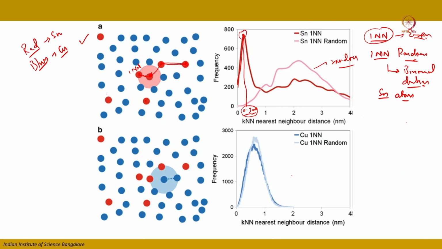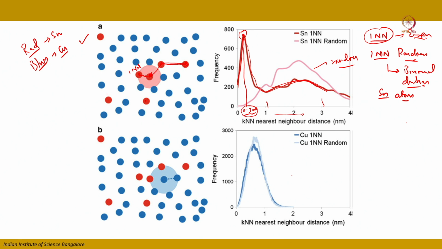As the nearest neighbor distance increases, the distribution also becomes less, and you will have a hump here. It means that this number of atoms, of 200 frequency, has a nearest neighbor distance between 1 and 3. Okay, so this is how we can calculate the first nearest neighbor distribution.